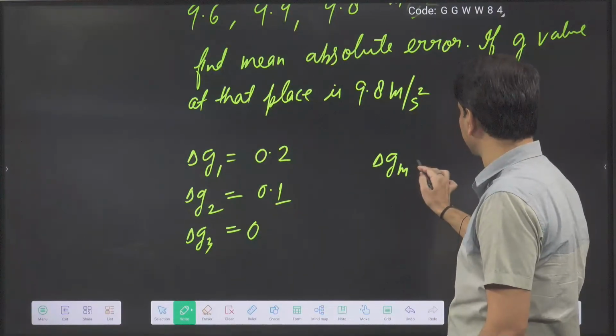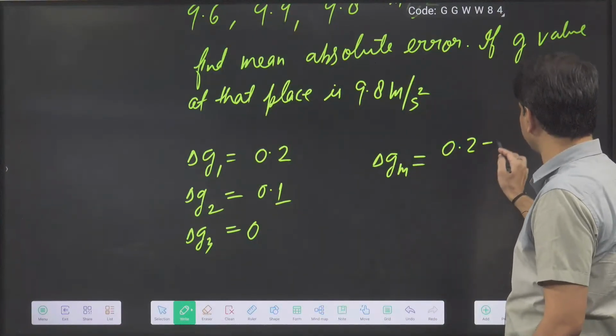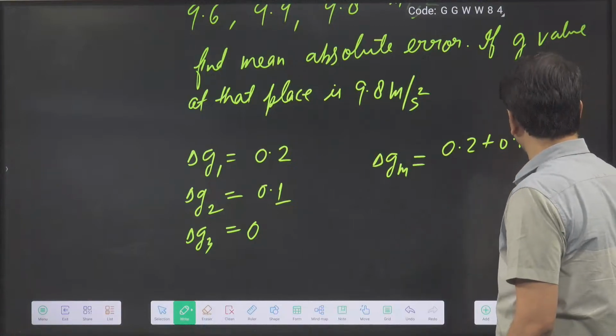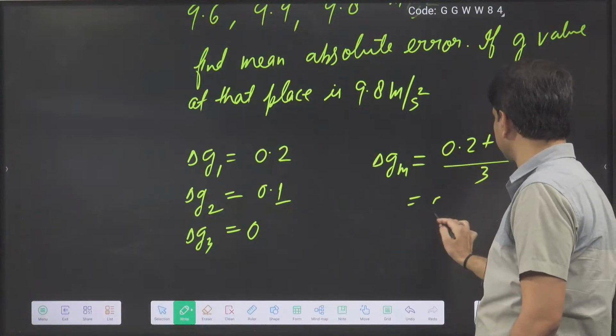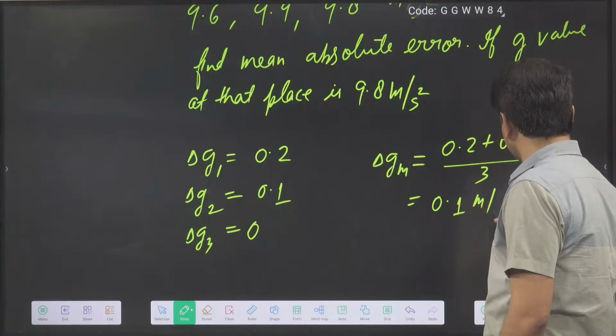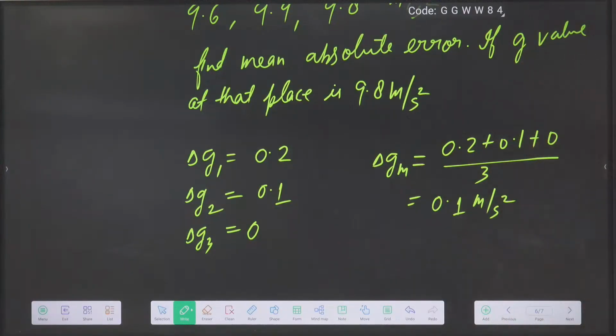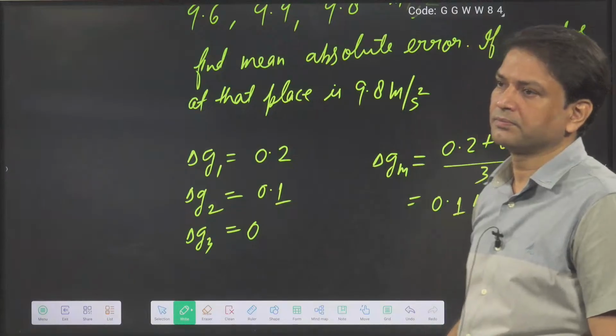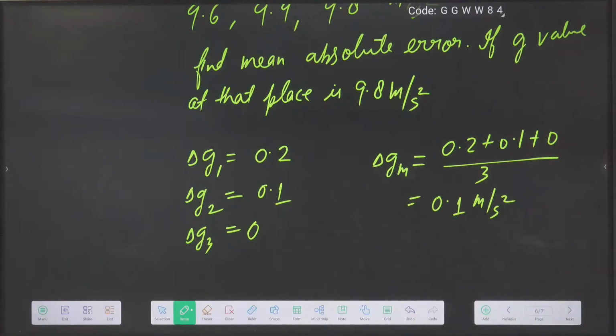Delta G mean is equal to 0.2 plus 0.1 plus 0 divided by 3. Then you will get 0.1 meter per second square. Okay. Completed.